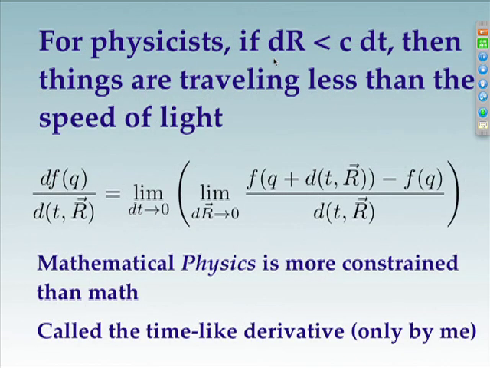Okay, so with our physics hat on, we say if dr, really being a change in space, is less than c dt, then things are traveling at less than the speed of light. And so in a certain sense, I think of mathematical physics as being a little bit more constrained than math is. Well, that's a kind of more philosophical sort of thing.